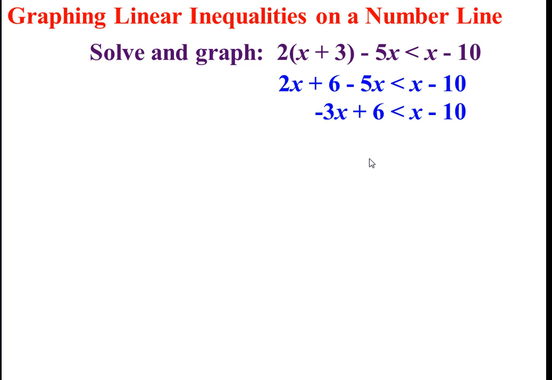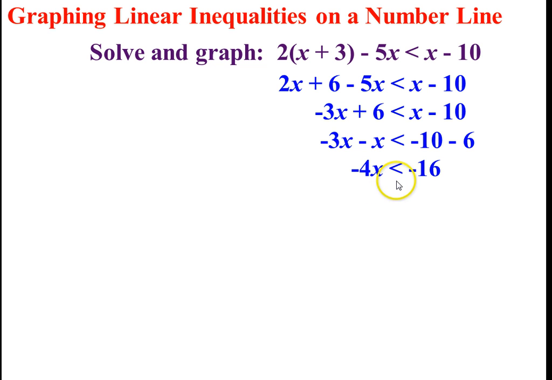And now we're at the same step we were with the inequality from the last slide. So I want to move this x to the left side by subtracting x. I want to subtract the 6 from both sides. So I get negative 3x minus x is less than negative 10 minus 6. Simplify both sides. Negative 4x is less than negative 16.